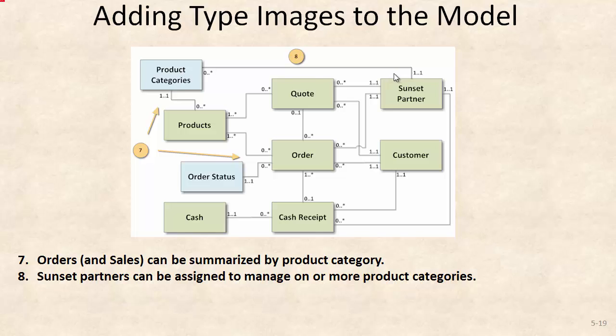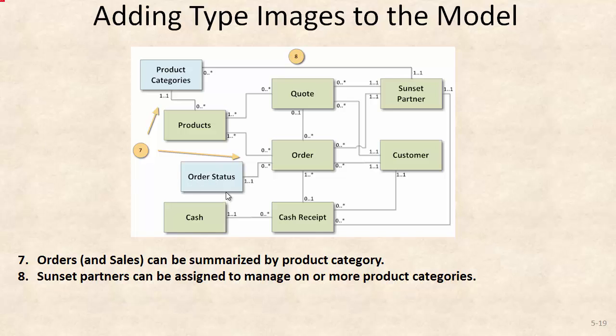So product categories have a minimum one, maximum one Sunset partner as manager, and each Sunset partner could manage a minimum of 0 and maximum of many product categories. The minimum is 0 because some Sunset partners do not manage product categories, and even those that do manage product categories may need to be trained before they're assigned to products.